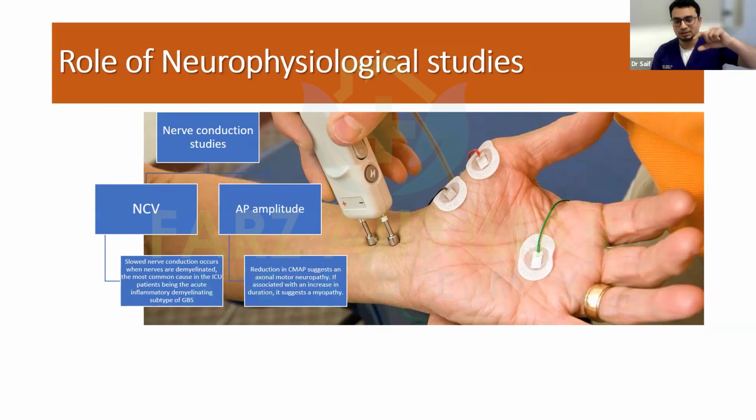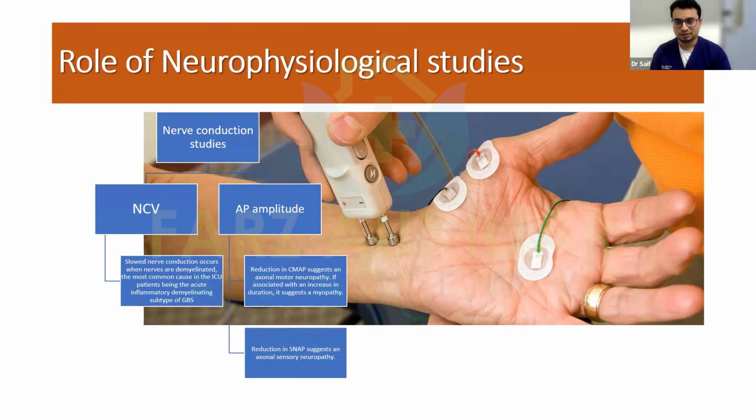It is called compound because we are accumulating all the action potentials from the myofibrils in the muscle, so it is called compound muscle action potential. This will be reduced in the axonal type of neuropathy in GBS. And if it is associated with an increase in duration, it suggests myopathy also. So this is the significance.